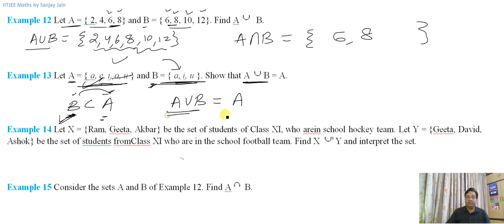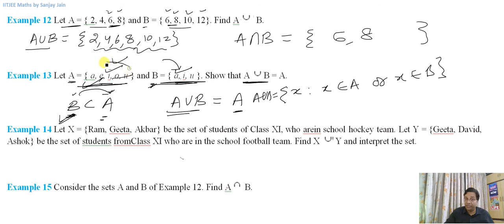So A union B is equal to A, or you can show it like this: A union B is equal to X, such that X belongs to A or X belongs to B. So when I write X belongs to A, when I write all the elements of set A, I have already written these elements. Okay, I hope you have understood the idea.